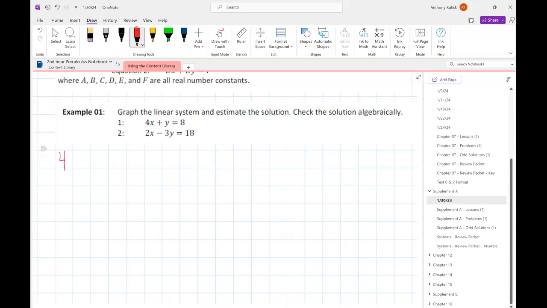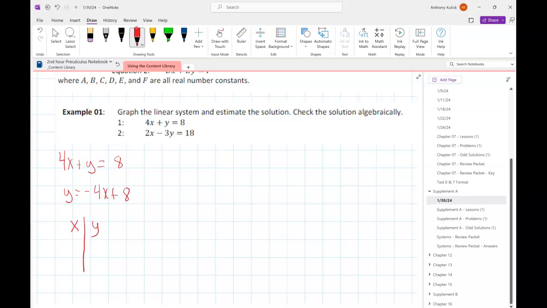So I'm going to take equation 1. And how many points do I need to graph a line? 2. So I'm going to rearrange my equation so it's in slope-intercept form. In this case, it just involves subtracting 4x from both sides.